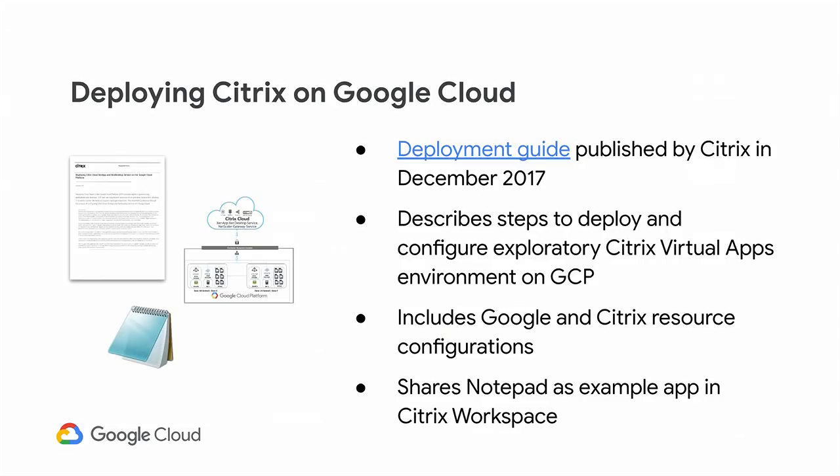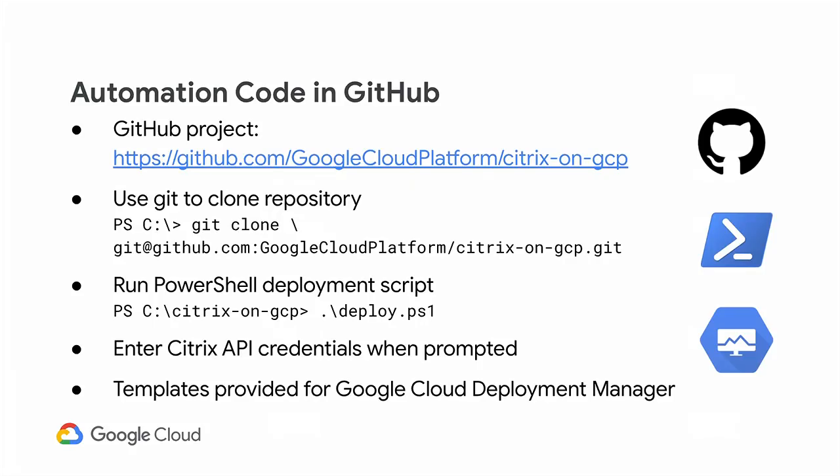You can take the environment described in that document and build it by just clicking off a script from GitHub. All you have to do is clone the GitHub repository, Citrix on GCP, run a script deploy.ps1, that kicks off the Deployment Manager, and then come back to it.